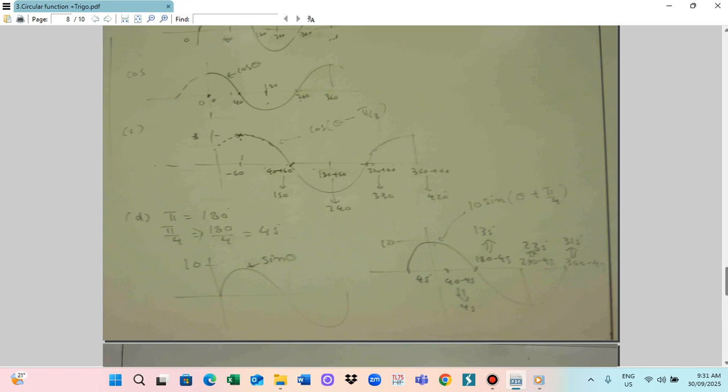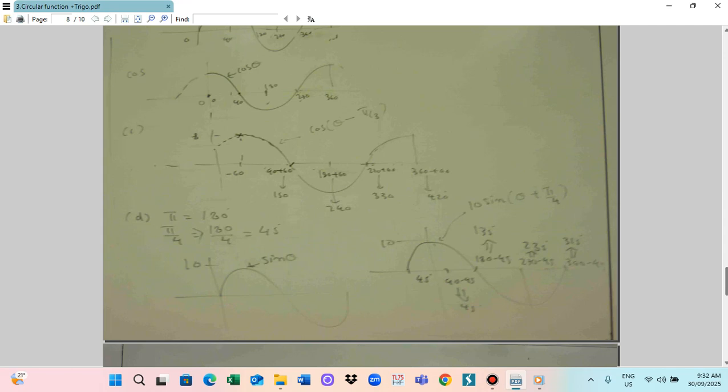Because of this, this becomes 45 degrees, and this one will be at 135 degrees, this is at 225 degrees, and this one will be at 315 degrees. This angle magnitude is 10. So the graph will be 10 sine theta plus pi by 4.